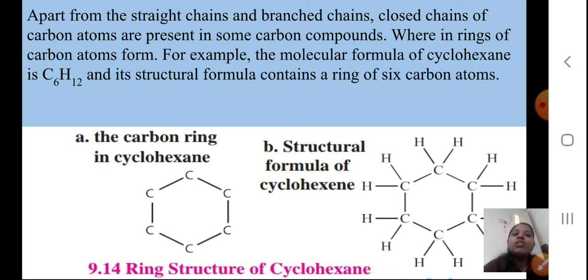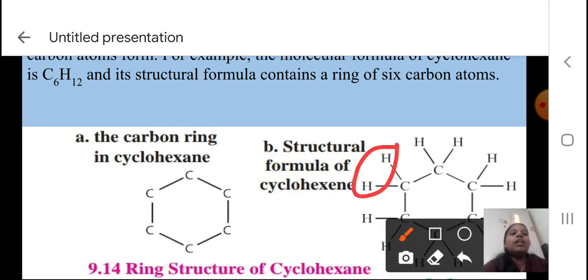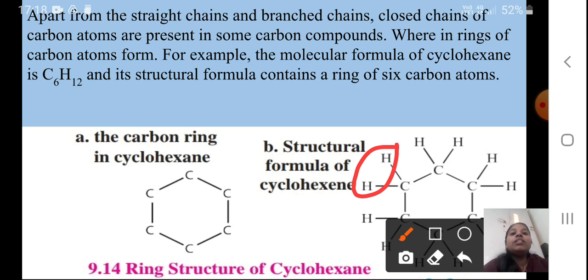Can you see how those 6 are arranged? Yes, all with single bonds. And the structural formula of cyclohexane: first a diagram with just a ring is shown, and next hydrogens have been added to complete the valency of each carbon in that ring. We need 2 hydrogens to satisfy the tetravalency of each carbon.